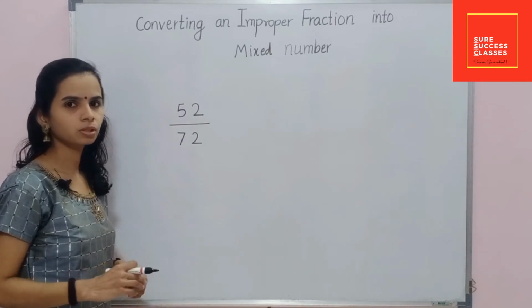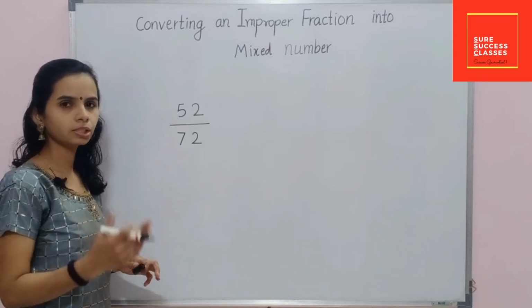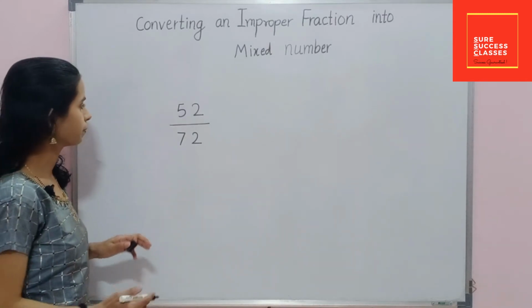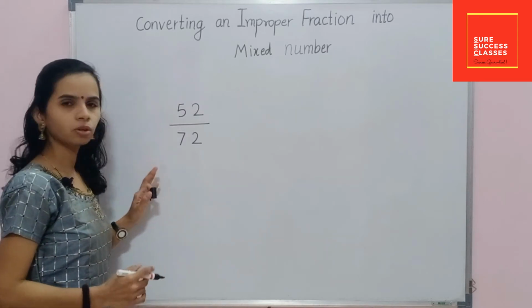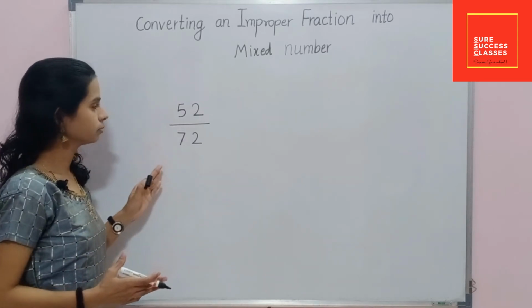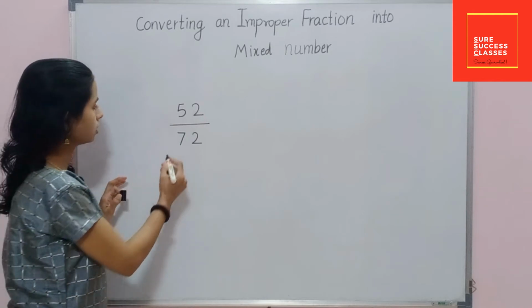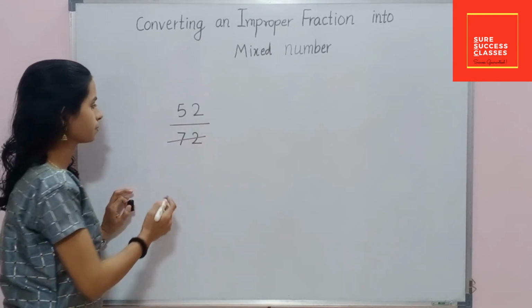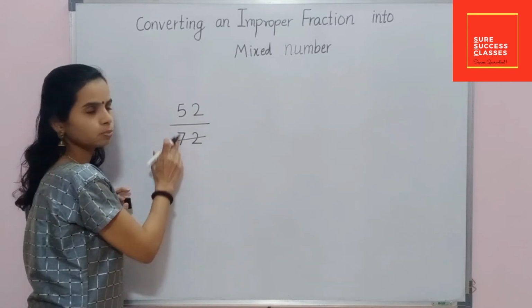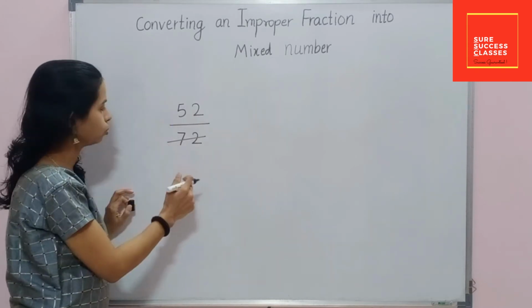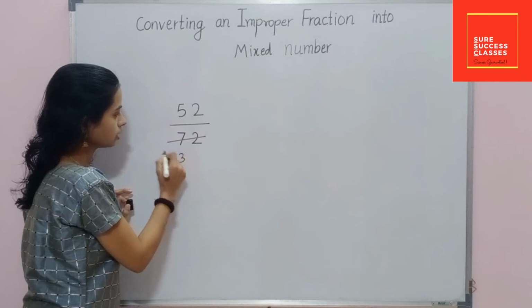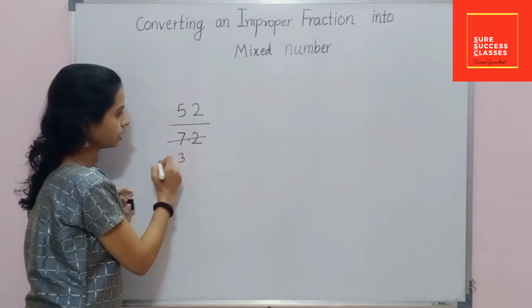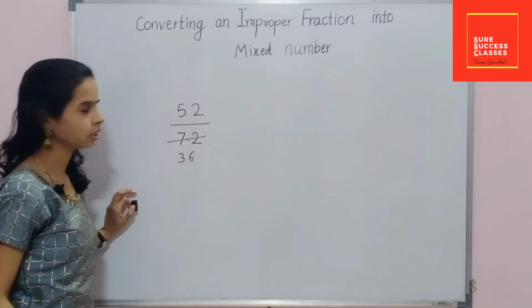Let us reduce this fraction into its lowest form or simplest form. Here we can't perform the real division. Here we will divide them with the help of divisibility rules. These both numbers are divisible by 2. 2 3s are 6 and 2 6s are 12.